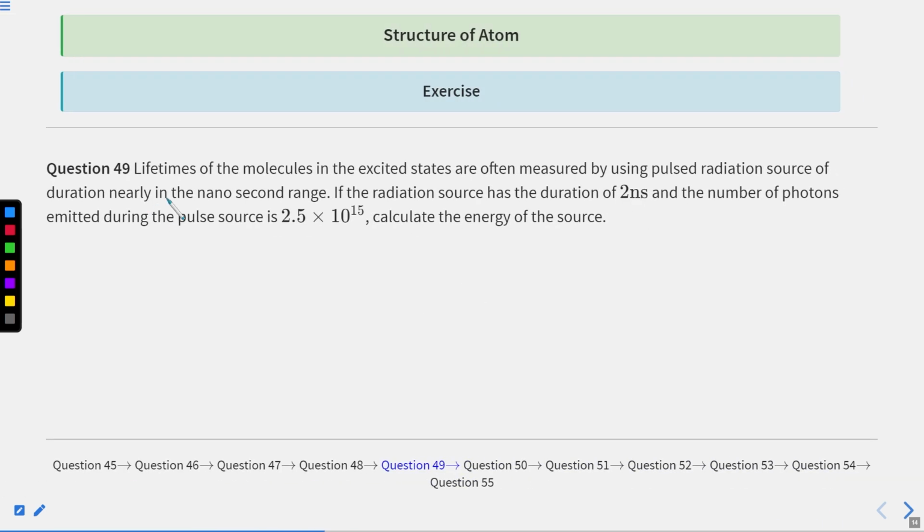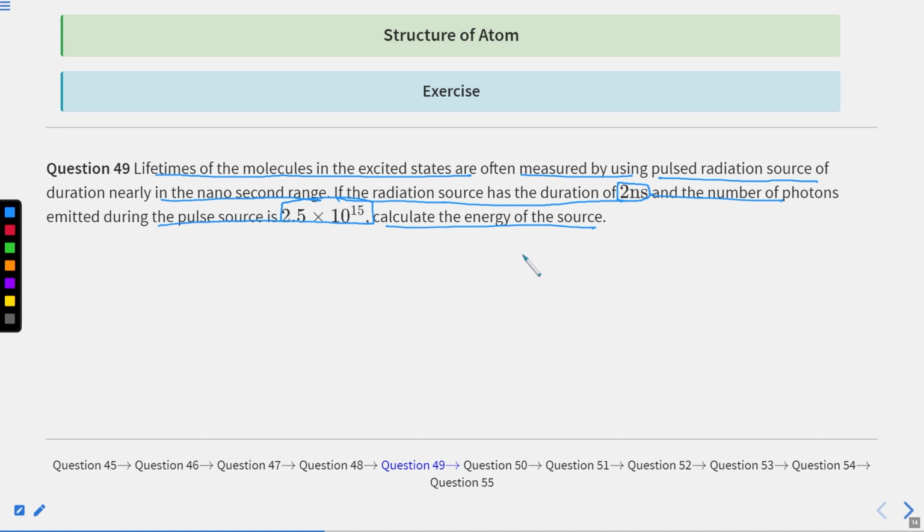Next is lifetime. Lifetime of a molecule in the excited states is often measured by using a pulse radiation source of duration nearly in the nanosecond range. If the radiation source has a duration of 2 nanoseconds and the number of photons emitted during the pulse is 2.5 into 10 to the power 15, then calculate the energy of the source. So what is being mentioned here?